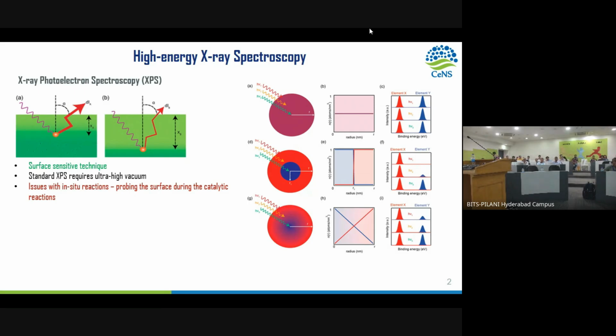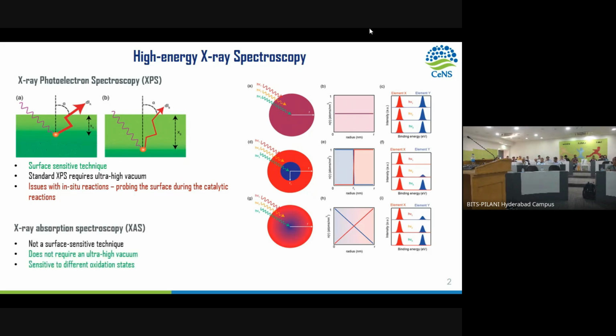Of course, nowadays ambient pressure XPS is coming up, but it is still very sophisticated and not easily available. Here I want to mention that X-ray absorption spectroscopy is another technique which is not really surface sensitive. It is seeing throughout the material, but it does not require ultra high vacuum. You can do the reaction in situ and look at whatever changes are happening during the actual experimental condition.